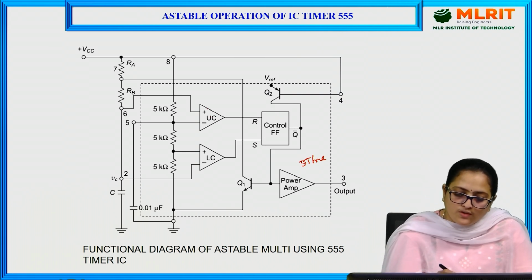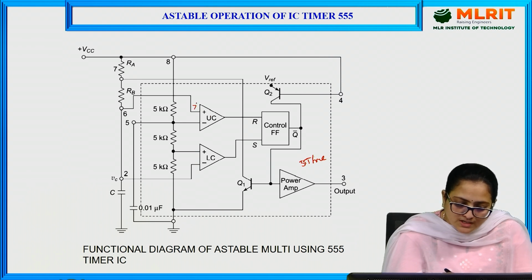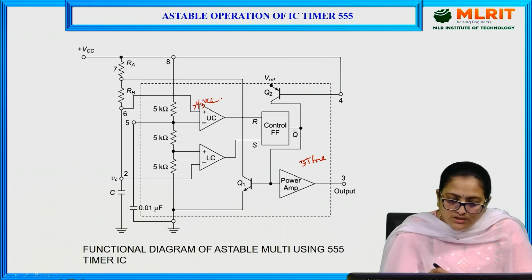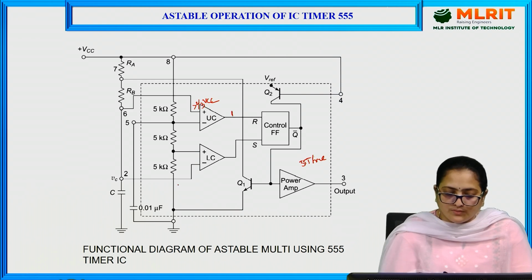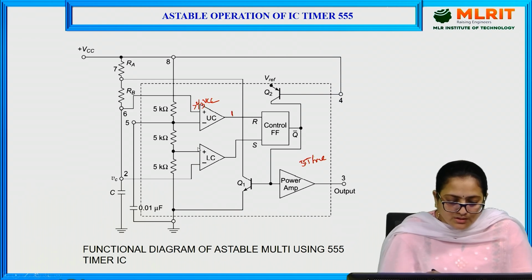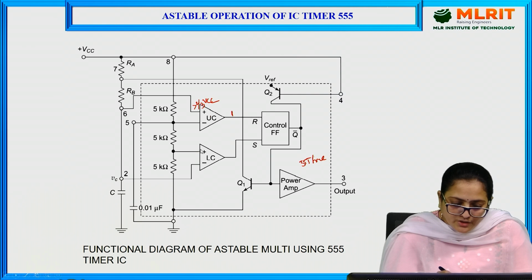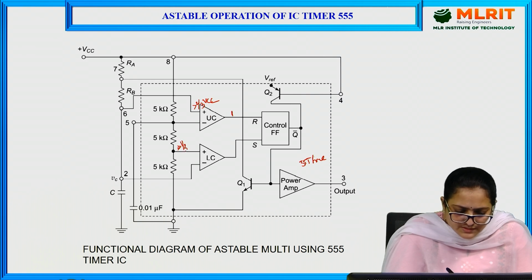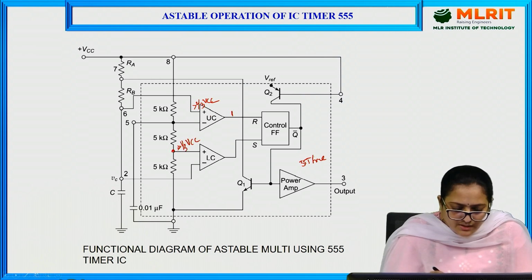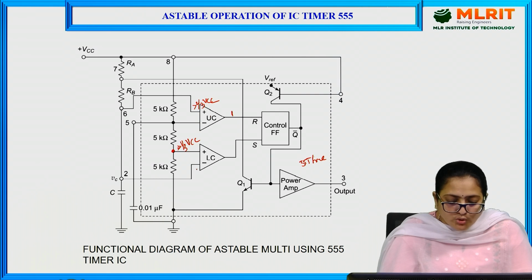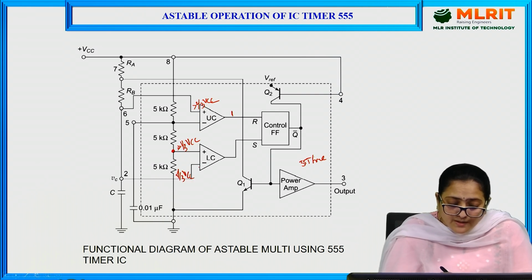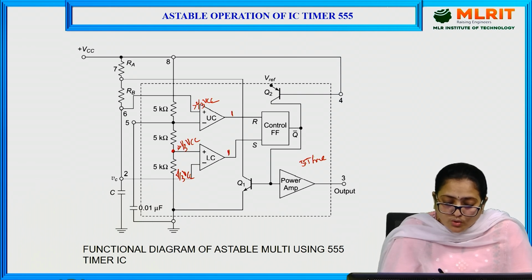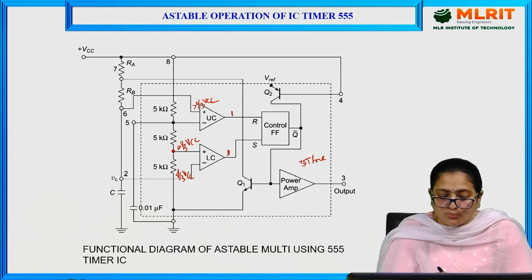If the voltage across the positive terminal is just above 2/3 VCC, the output of the comparator will be 1 here. The voltage across the positive terminal of the lower comparator will be 1/3 VCC, and if the input voltage to the lower comparator, that is the trigger voltage, is less than 1/3 VCC, then the lower comparator produces an output of 1.